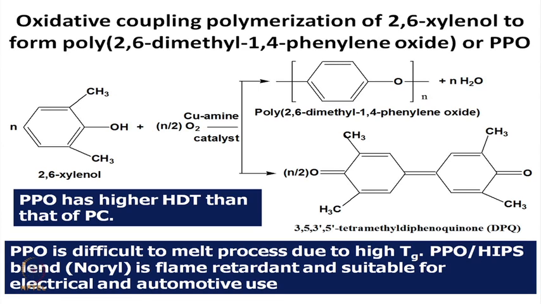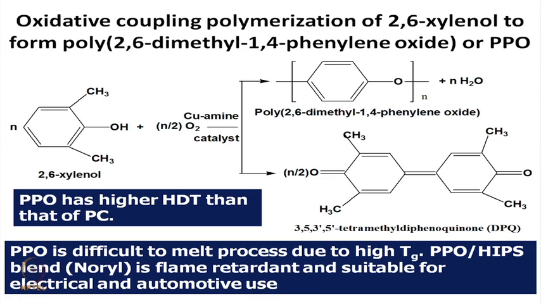That means it should be compounded with additives, then fabricated or shaped with the help of machineries like compression molding, transfer molding, extrusion or injection molding, all of which involve melt processing of the polymer.